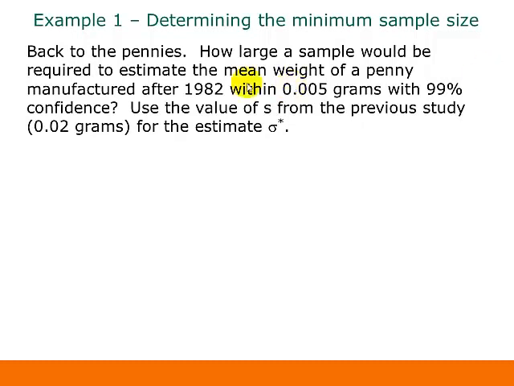So what this is asking is what sample size would we have to have a margin of error of no more than 0.005 with a confidence level of 99%. So what we're going to use for our standard deviation estimate is the value of S that we had from the previous study in the previous example, which was 0.02 grams.